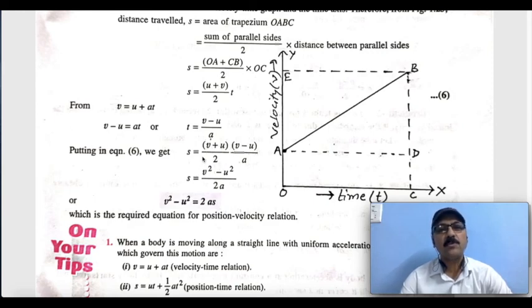So S equals V square minus U square by 2A. Cross multiplication, we get V square minus U square equals 2AS. So this one is the third equation of motion.